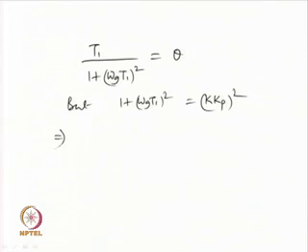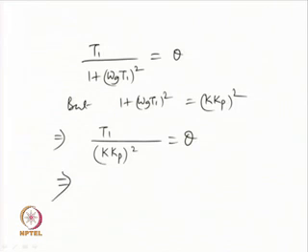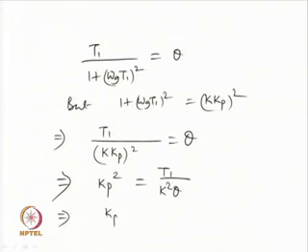So, substitution of that will give you T 1 upon k Kp square is equal to theta, implies Kp square is equal to T 1 by k square theta, implies Kp is equal to 1 upon k root of T 1 by theta.